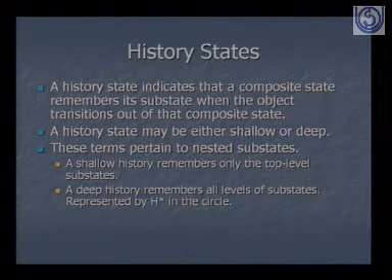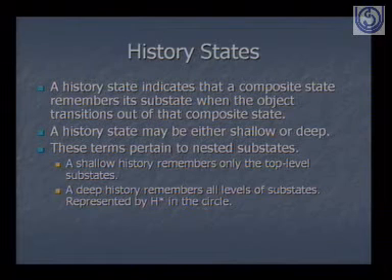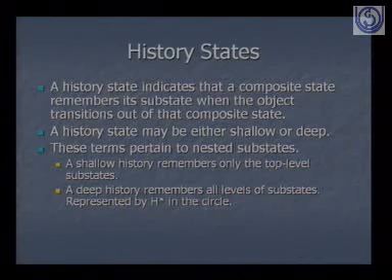So that history can also be depicted on the UML diagram, that too on the state diagram. A history state indicates that a composite state remembers its substate when the object transitions out of that composite state.